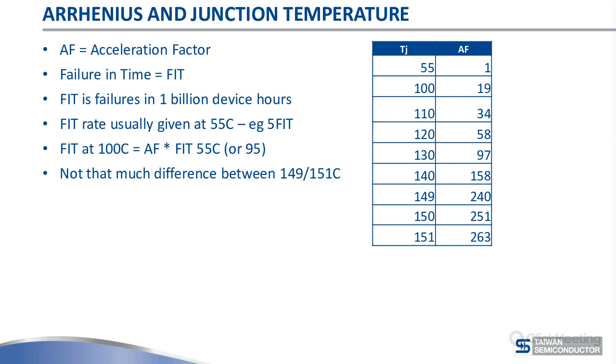That means 5 field failures in 10^9, or 1 billion, device hours. To visualize this, I always say you take 1 million devices and they operate 1,000 hours in 1 year. So you have 1 billion device hours, and the 5 FIT means that you have 5 failures in 1 year. Of course, that is at 55 degrees C.